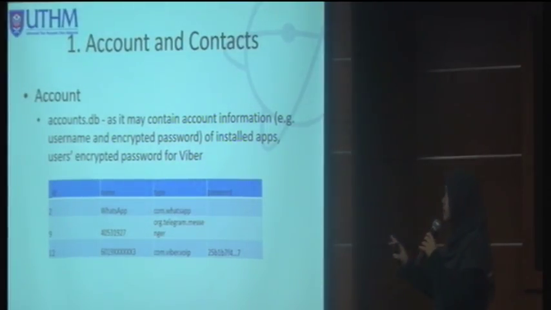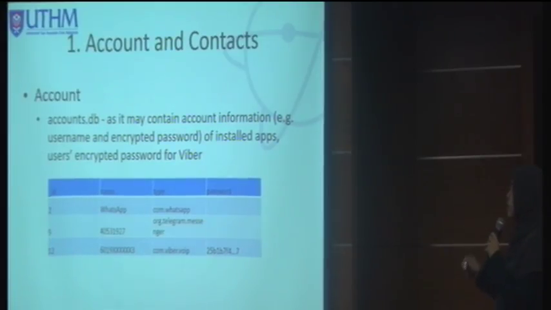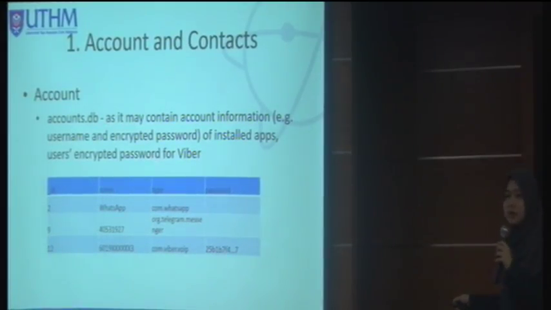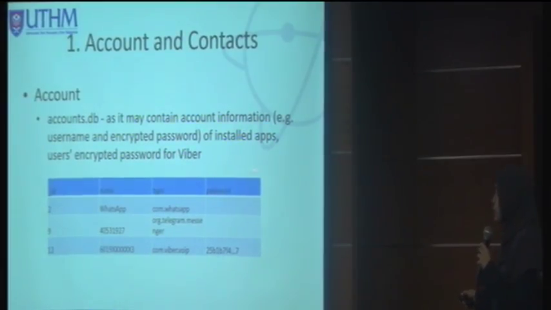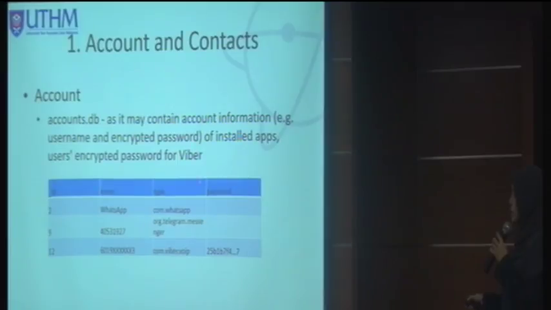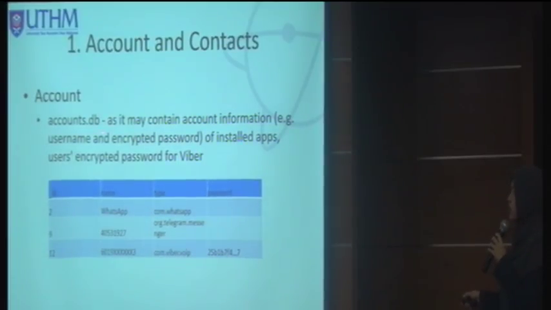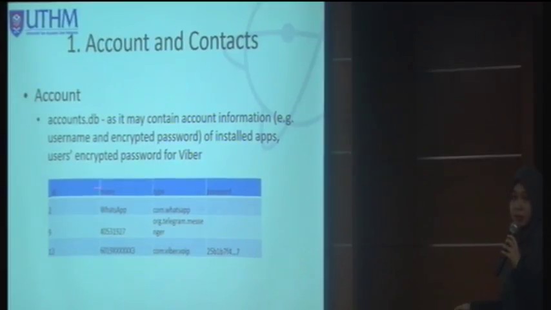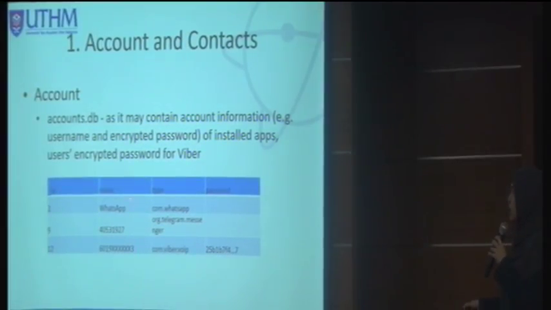For the account, we identified one database. It is called accounts.db. This contains account information, the username and password of installed apps. Actually in accounts.db there is information on many more apps, but I only took out WhatsApp, Telegram, and Viber.